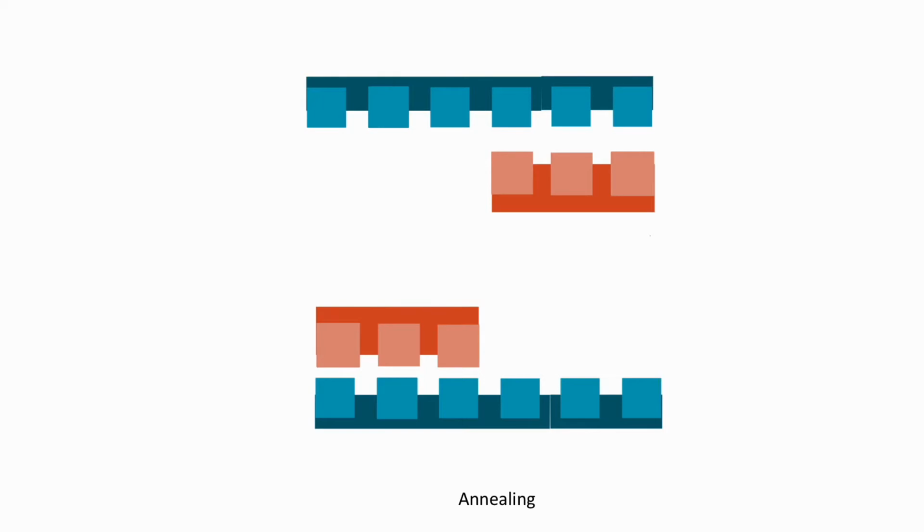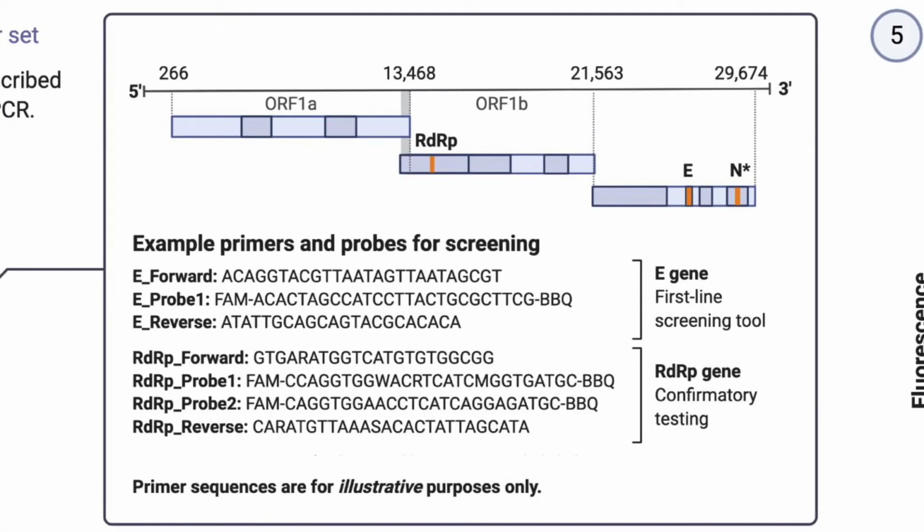For SARS-CoV-2, there are usually 3 genes that are used in PCR. There is the RDRP gene, there is the E gene, and there's the N gene. In the lab that we're going to see, the RDRP and the N gene are being used in the PCR process. The consequence of using very unique and specific genes of the virus or the bacteria that we intend to study is that only these genes are going to be amplified in the PCR process.